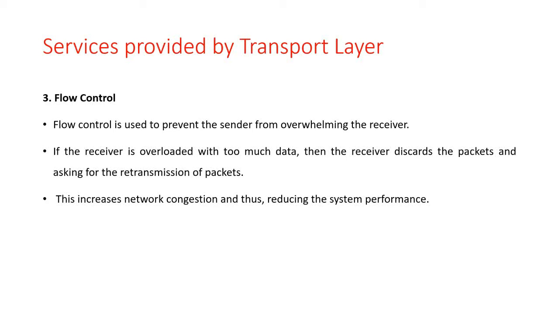The transport layer is responsible for flow control, and it uses the sliding window protocol that makes data transmission more efficient, as well as controlling the flow of data so that the receiver does not become overwhelmed.